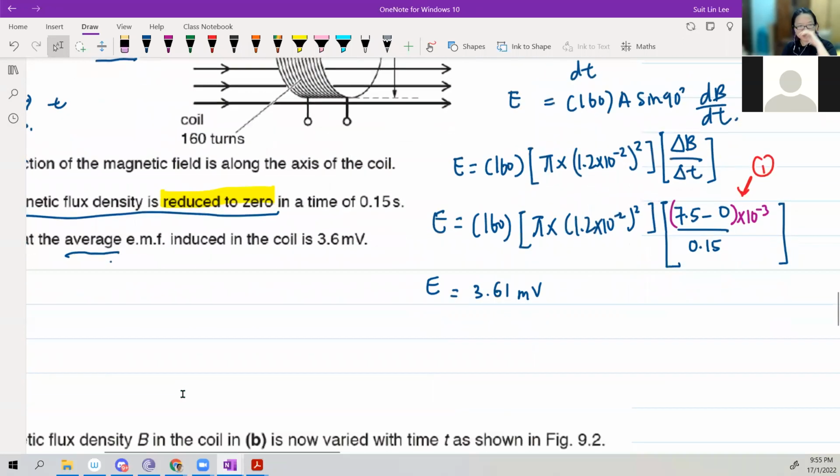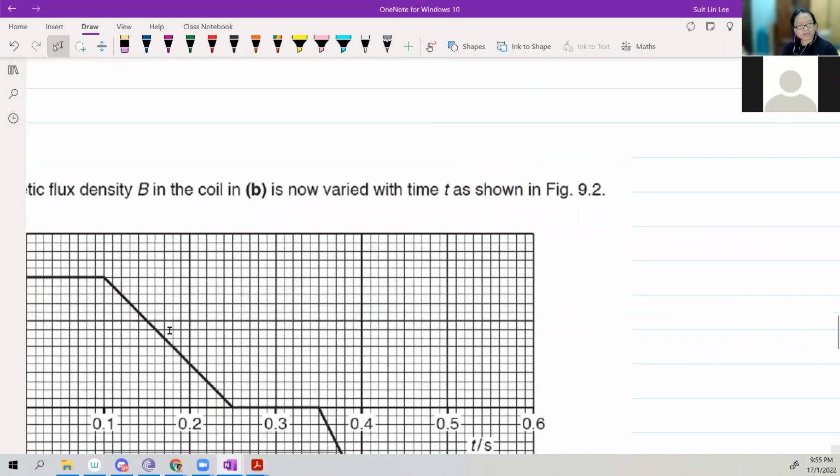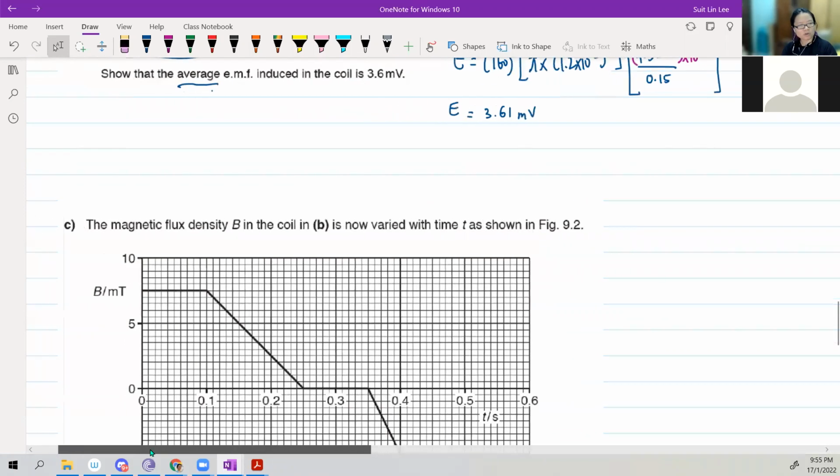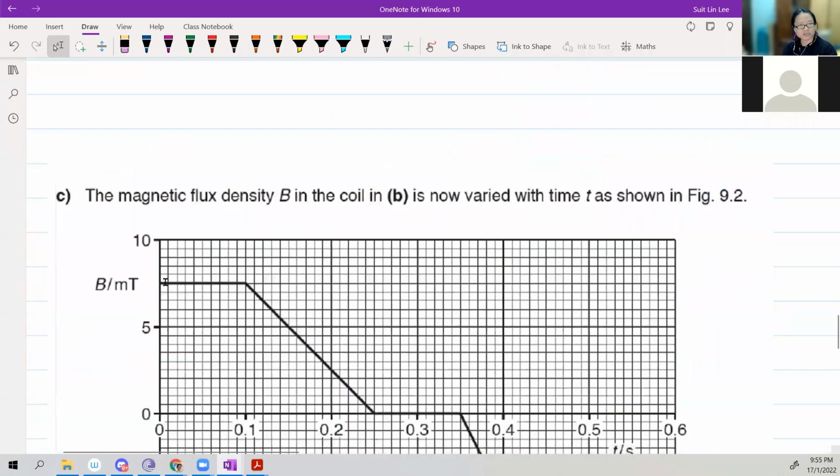Okay. Next. So now this magnetic flux density that was previously 7.5, you can see this one is 7.5, varied as time shown. So it was 7.5, 7.5, 7.5, 7.5, and then it dropped to 0 in just the time that we mentioned just now. So from here to here happens to be 0.15 seconds.